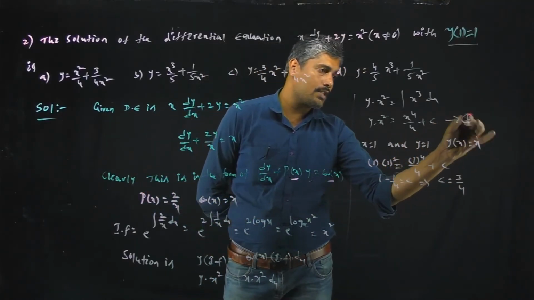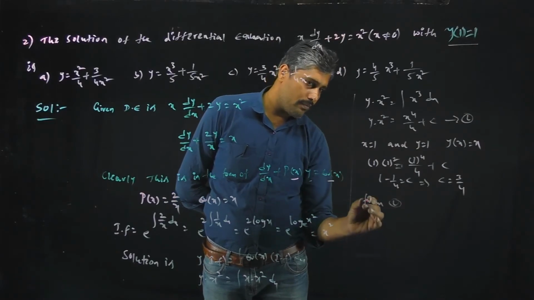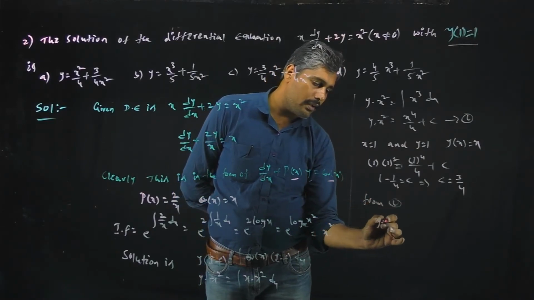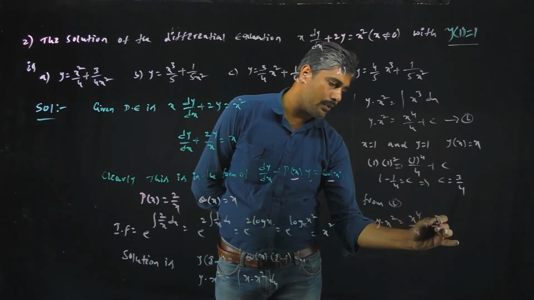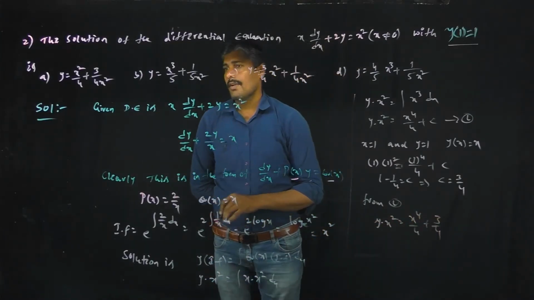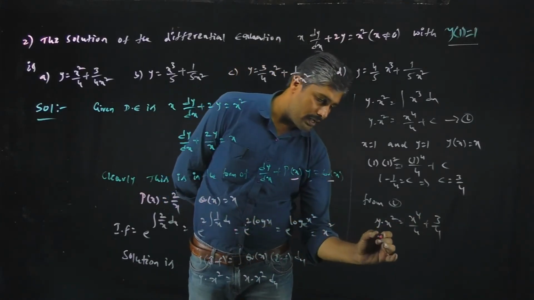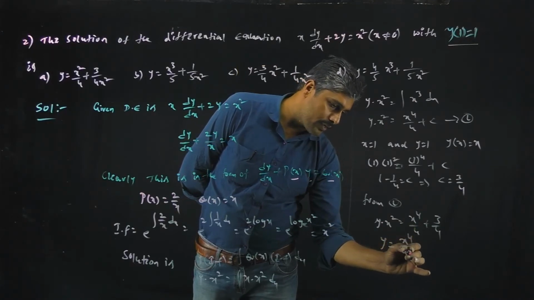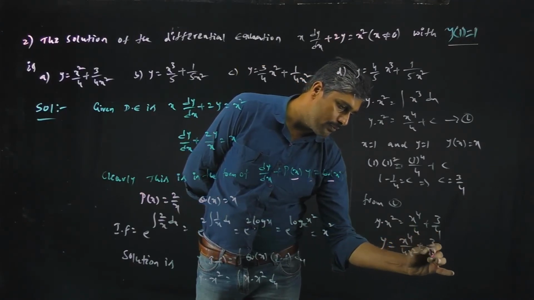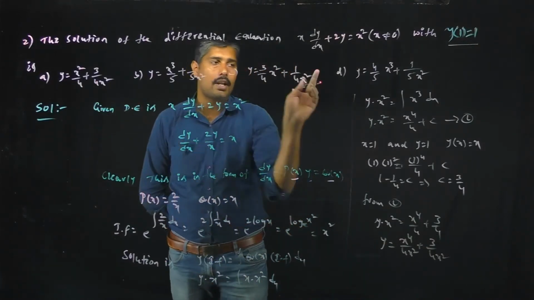Take this as equation 1. Therefore, from 1, y into x squared equals x to the power 4 by 4 plus 3 by 4. Then simplify, taking x squared to the right side: y equals x to the power 4 by 4x squared plus 3 by 4x squared.